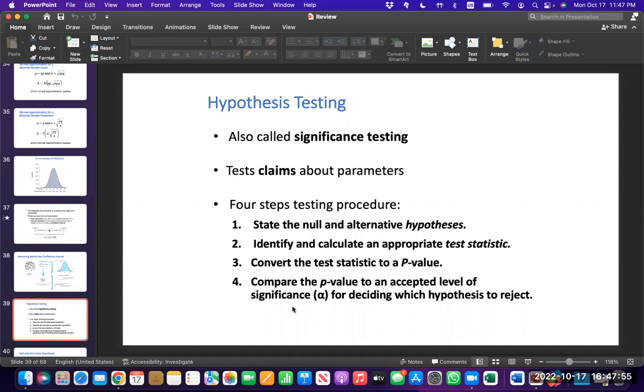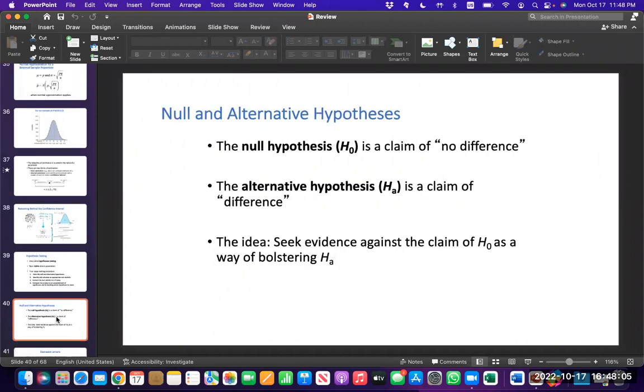Basically, you determine a significance level alpha, and you decide based on that alpha whether the p-value that you're deriving from your calculation is smaller than the respective alpha, where the alpha is essentially the type 1 error that you're willing to accept, where the type 1 error is that you're rejecting a null hypothesis that you actually should not have rejected.